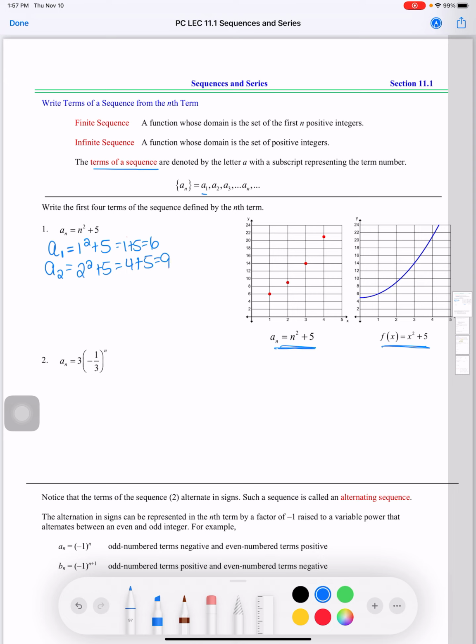And if it says write the first 4 terms, what we are looking to do is find A sub 3 and A sub 4. And we're going to substitute those values in again into this sequence. So that would give me 9 plus 5, which gives me 14.